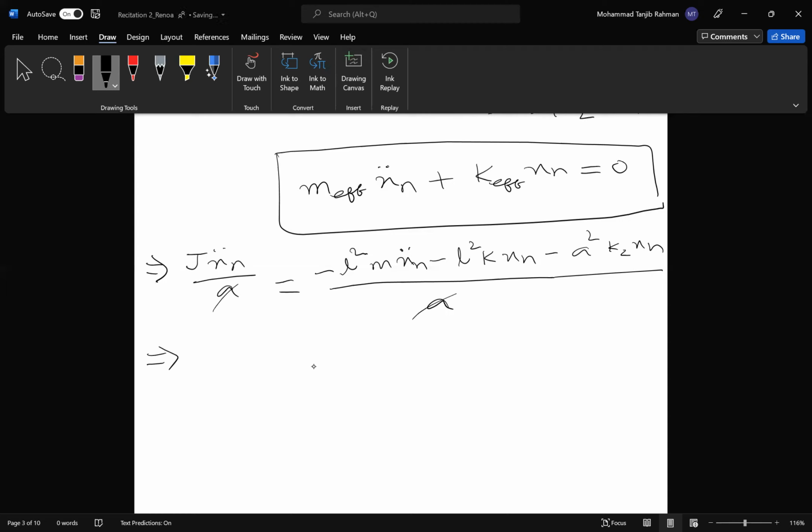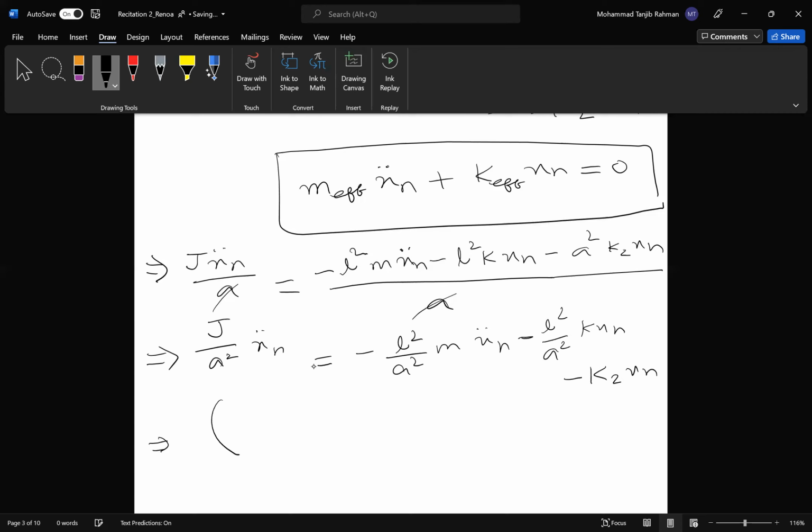So it will take a form like j by a square x double dot n minus b square by a square m x double dot n minus b square by a square k xn minus the a square gets cancelled, minus k2 xn.